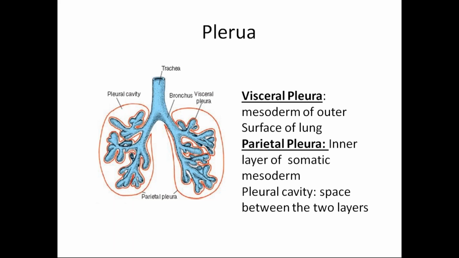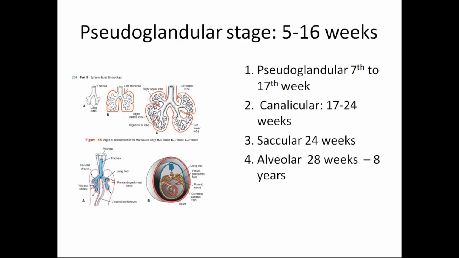Here, the lung, what is happening? As the lung is dividing, it is going into further divisions, and it will divide to form bronchioles. I'll come to this. From the 5th week to the 16th week is a stage which is called the pseudoglandular stage.